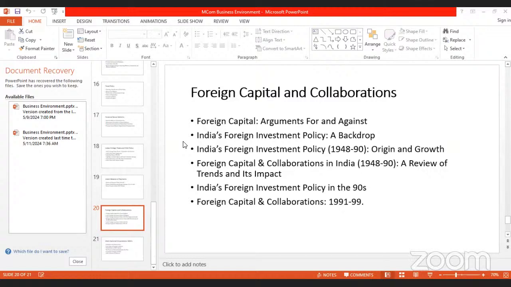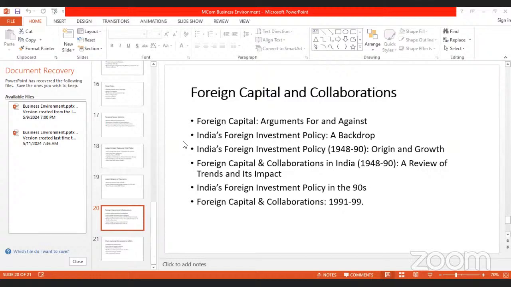The establishment of foreign enterprises can create jobs and improve skill levels through training and development. Next argument is foreign exchange earnings. Export-oriented foreign investment can help earn foreign exchange, reducing the balance of payment deficit.